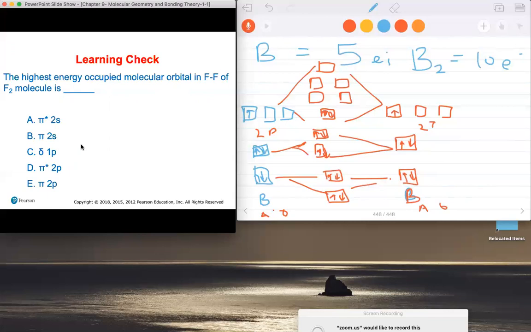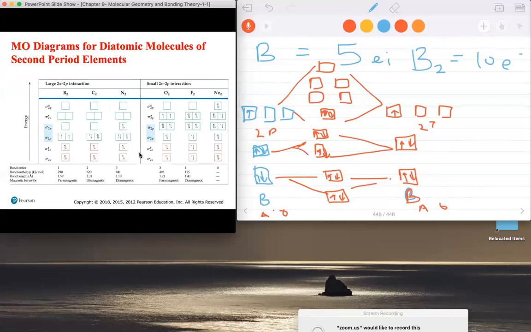So let me go back to help you with this. You will draw the molecular orbital diagram, and for fluorine, F2, remember this is 2S, there is 1s here. Let's count the number of electrons. 1, 2, 3, 4, 5, 6, 7, 8, 9, 10, 11, 12, 13, 14, all right? 14 electrons.